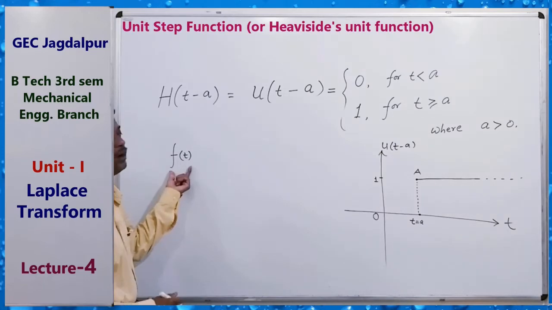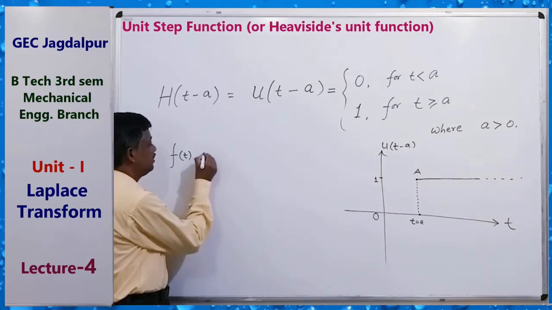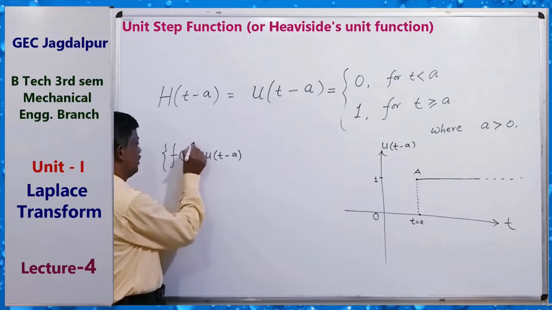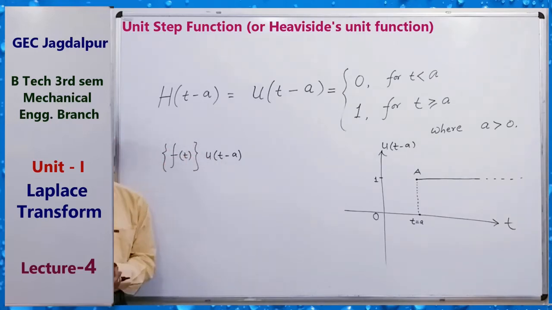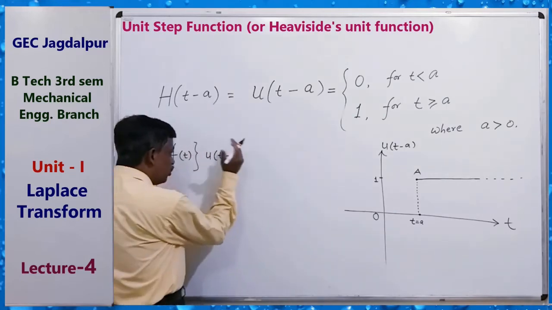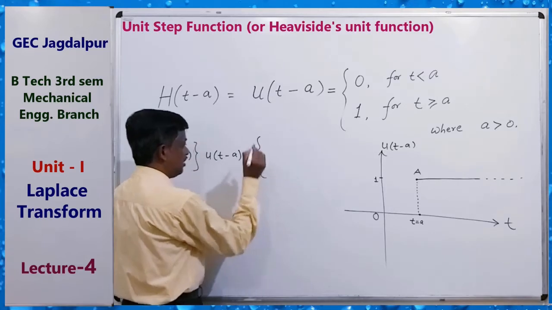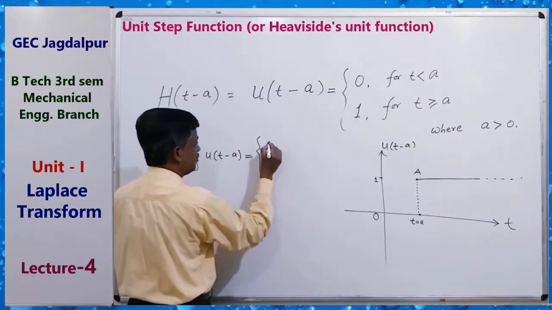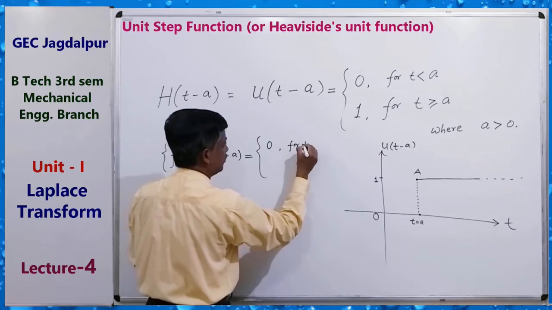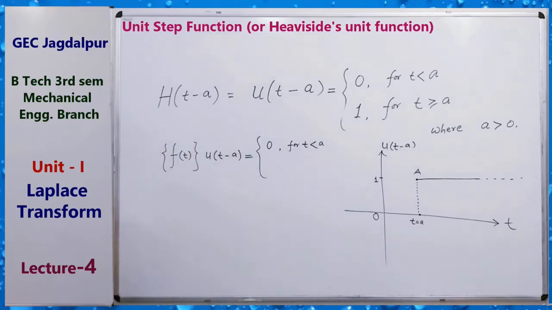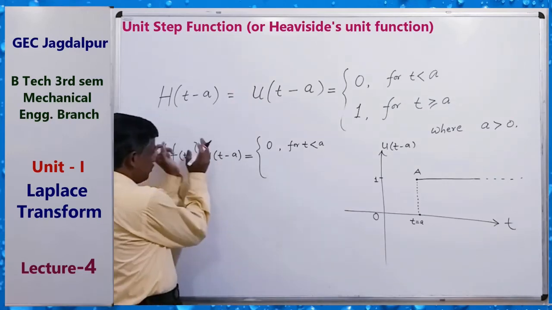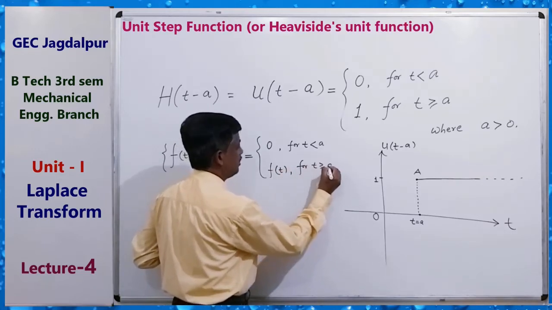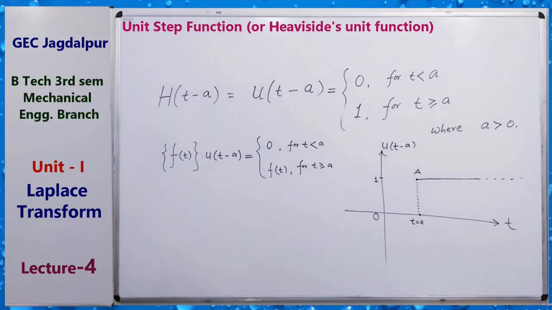If this function is multiplied by the unit step function u(t minus a), then how can we define the total? The value is 0 for t less than a, and the value is equal to f(t) for t greater than or equal to a. The function is multiplied by this.